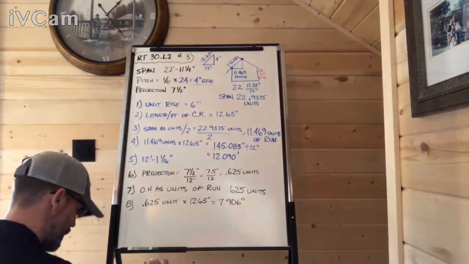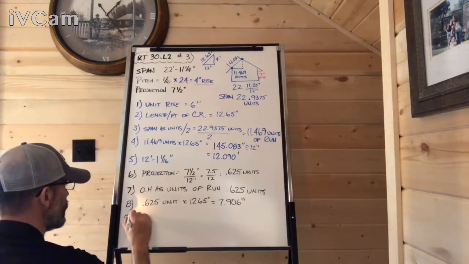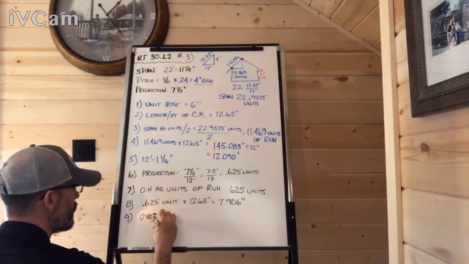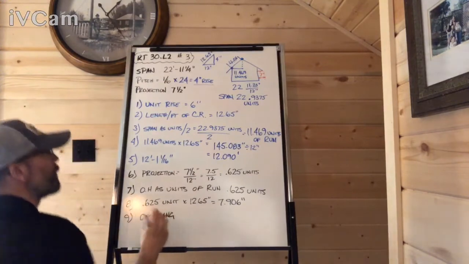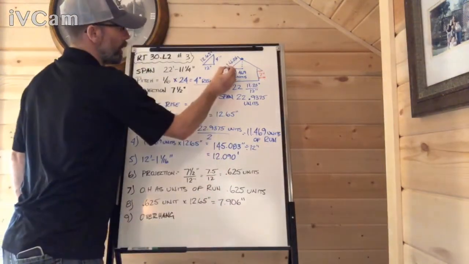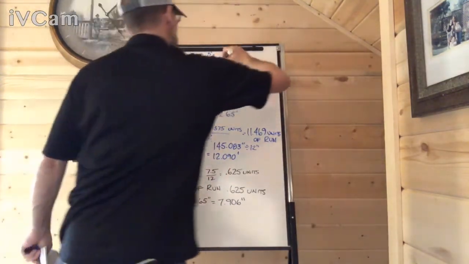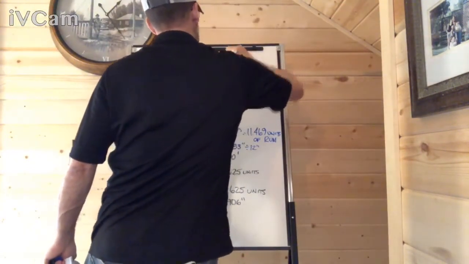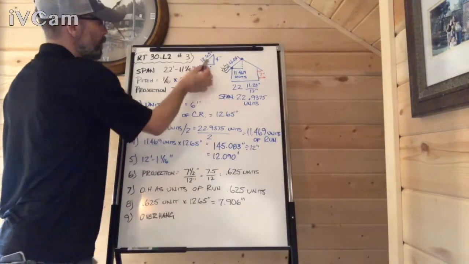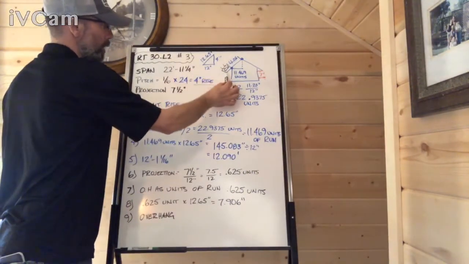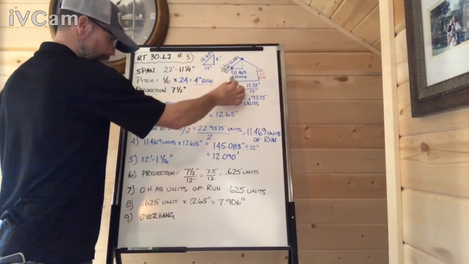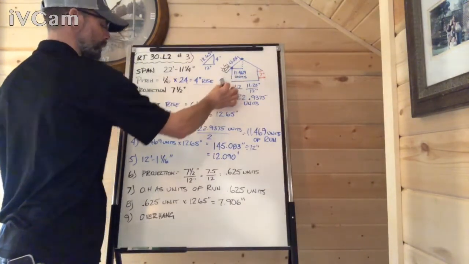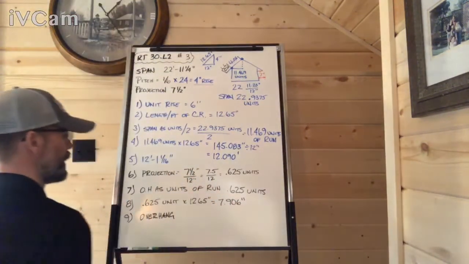When we change it over to the last one, where it asks for overhang, remember, overhang and projection are two different things. This is our overhang right here, the line length overhang. So our overhang is 0.625 of a unit times 12.65 to give me 7.9 inches.